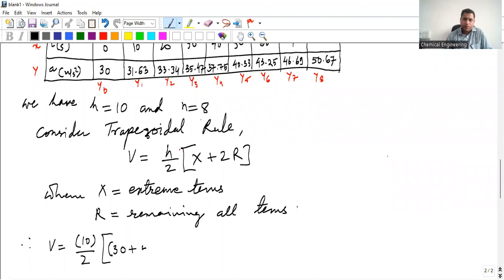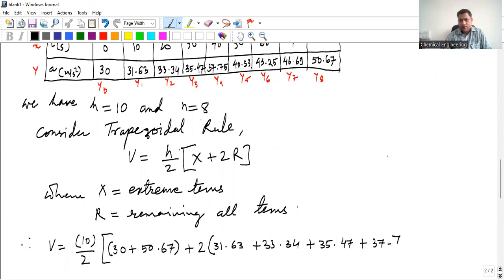So it is going to be 30 plus 50.67, this is our X, plus 2 times the remaining terms: 31.63 plus 33.34 plus 35.47 plus 37.75 plus 40.33 plus 43.25 plus 46.69. So this is what we have.